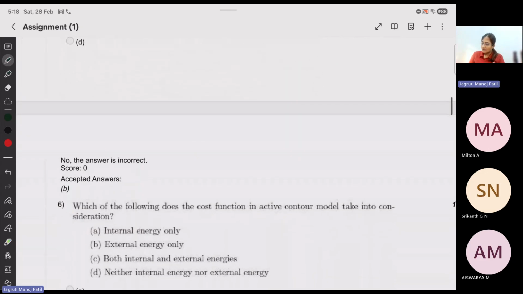And here, which of the following will be taken into consideration in the cost function of the active contour model? Which ones do you try to minimize in an active contour: internal energy, external energy, both of them, or neither? I know I didn't teach this part, but it is more of image segmentation, and it was in the last 3 lectures also.